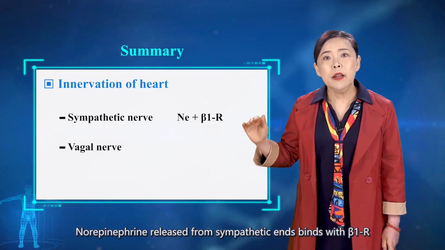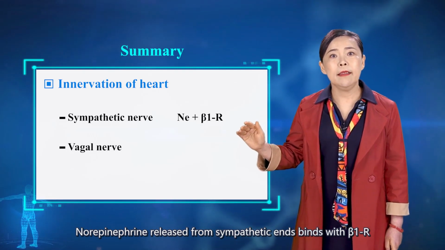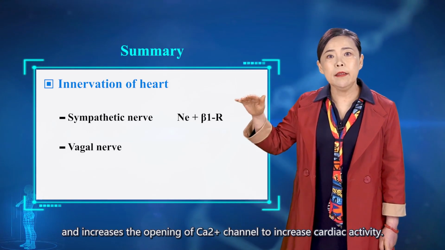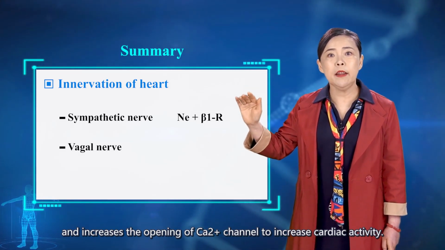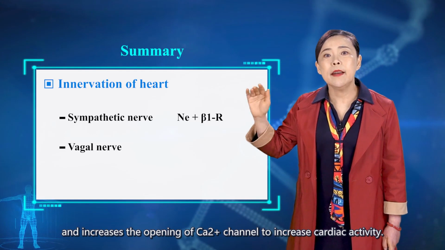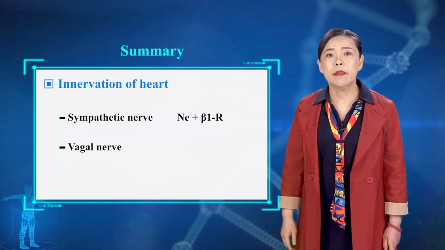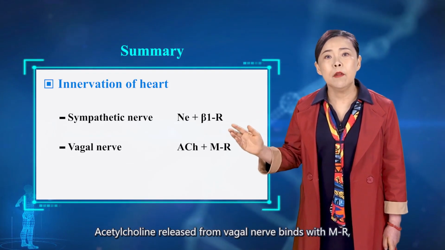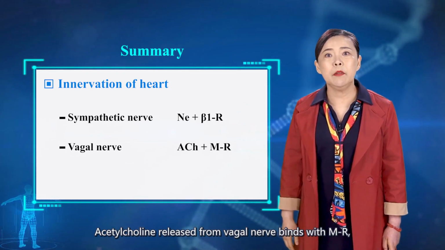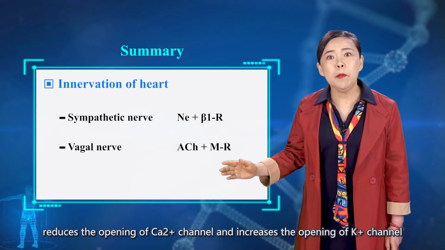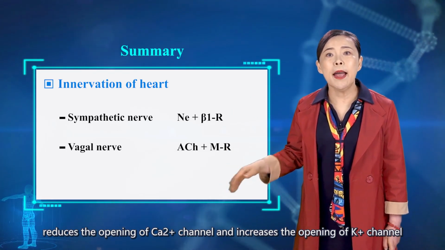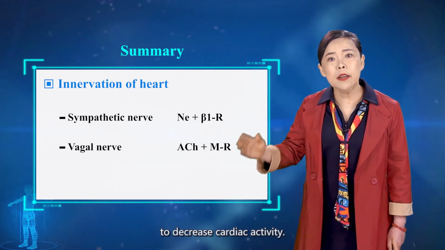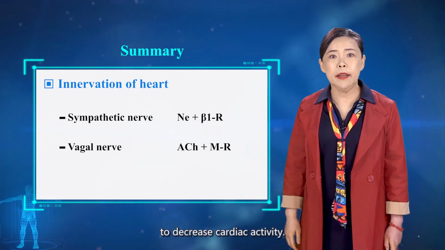Norepinephrine released from sympathetic endings binds with the beta-1 receptor and increases the opening of the calcium channel to increase cardiac activity. Acetylcholine released from the vagus nerve binds with the M receptor, reduces the opening of the calcium channel and increases the opening of the potassium channel to decrease cardiac activity.